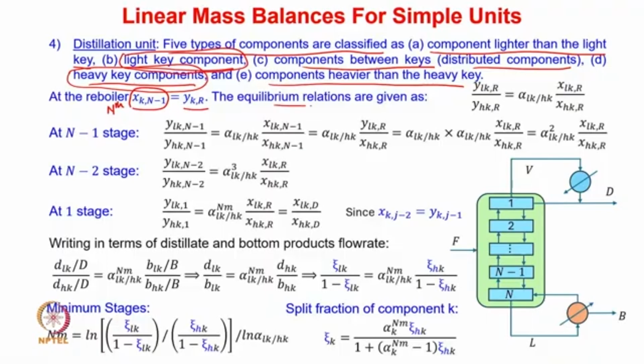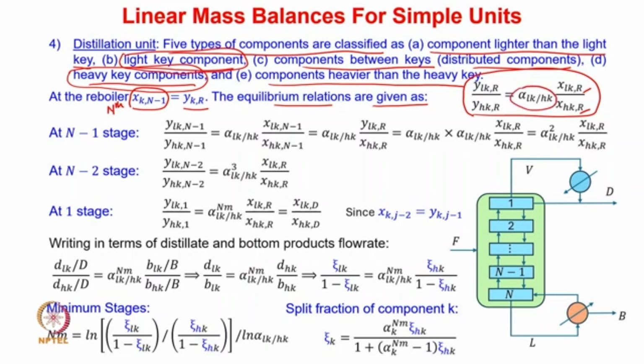In this case the equilibrium relation we are using is the relative volatility equation. At the nth stage the relative volatility is defined as the mole fraction of the light key component in the vapor phase in the reboiler divided by the mole fraction of the heavy key component in the vapor phase in the reboiler, and these are related to the mole fraction of the light key component in the liquid in the reboiler and the mole fraction of the heavy key component of the liquid in the reboiler, using the relative volatility.